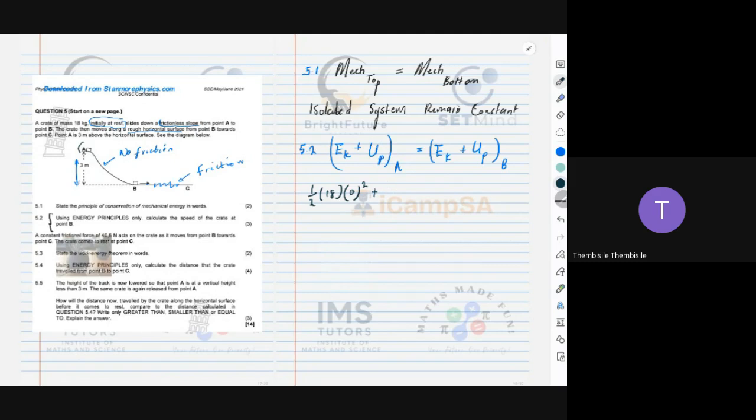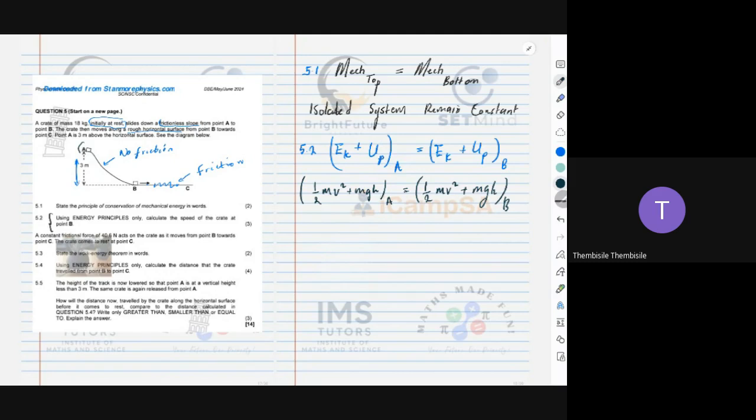Mechanical energy we know is mgh, right? So let me go back a bit so that you see 1 over 2 mv squared plus mgh from point A equals 1 over 2 mv squared plus mgh at point B.